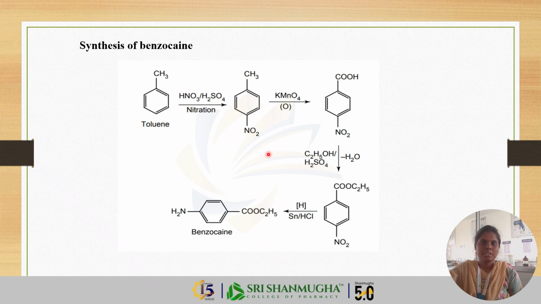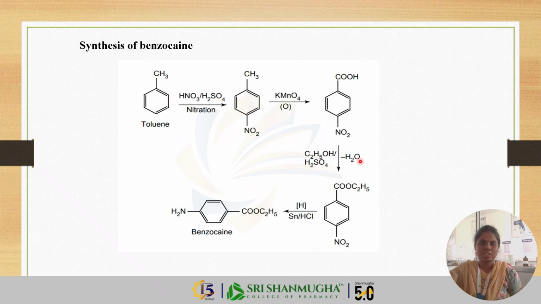Next, the methyl side chain of the nitrotoluene is oxidized using potassium permanganate. This converts the methyl group into a carboxylic acid group, producing para-nitrobenzoic acid.